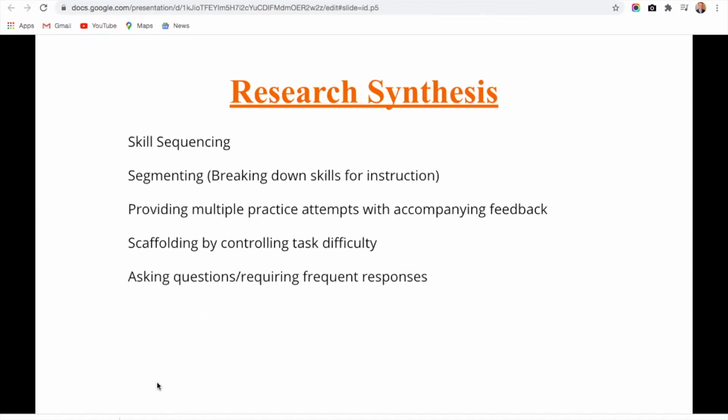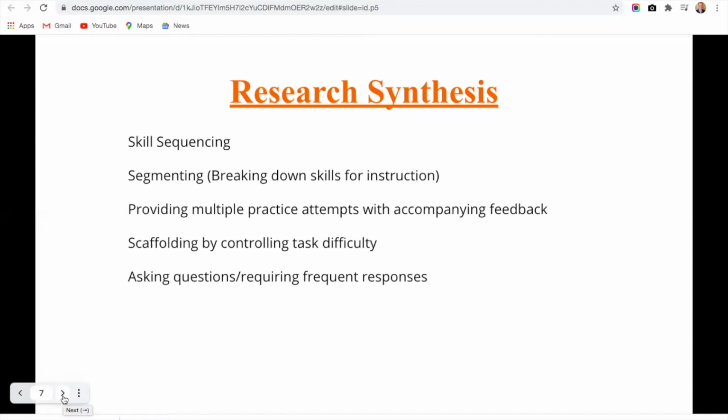And then we make sure that everything's cumulative as well, so we have some cumulative practice that puts all those skills together, and we continue to practice that along in a cumulative fashion. So these are the things that we see as commonalities, and we really want to think about what it is that's going to make a difference for our students.